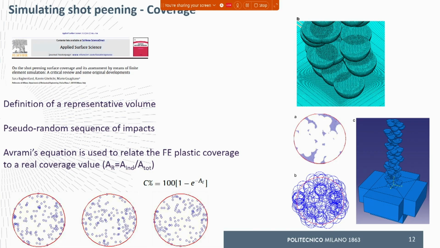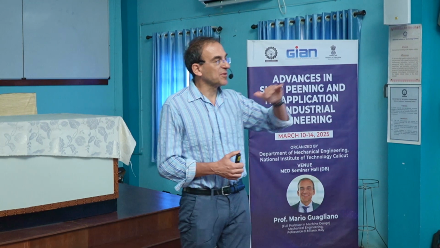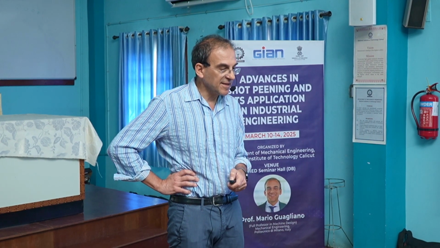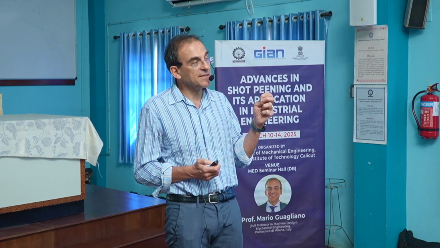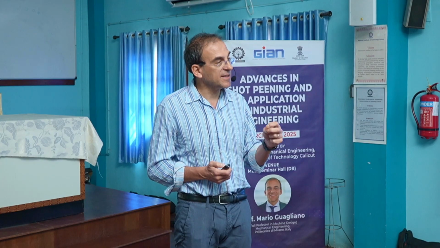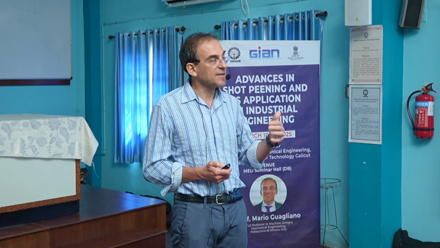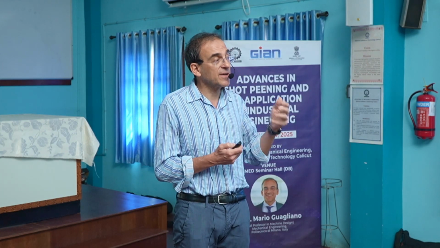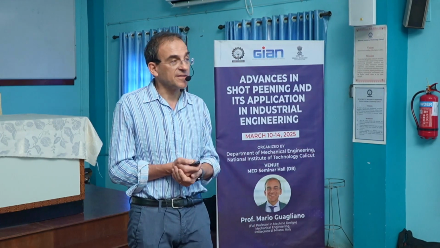Okay, and to relate the evolution of the coverage, the real coverage, with the result of the simulation, we use the so-called Avrami equation. That is an exponential asymptotic equation that we have commented on already when we talked about the coverage. In this way we are able to obtain the number of impacts we need to consider in the simulation to reach 100% coverage.